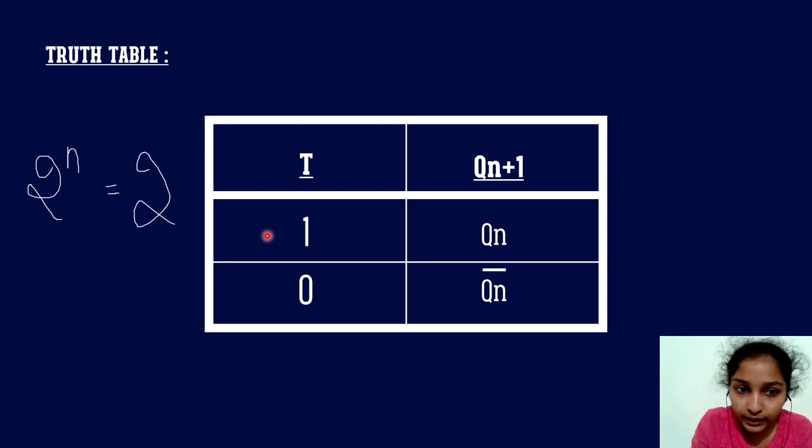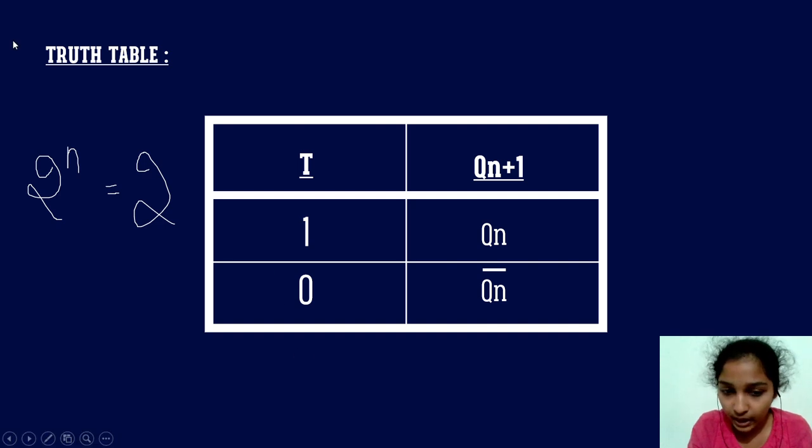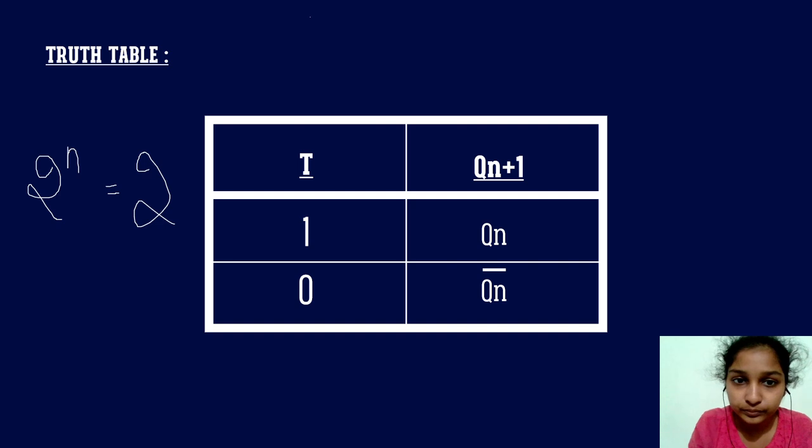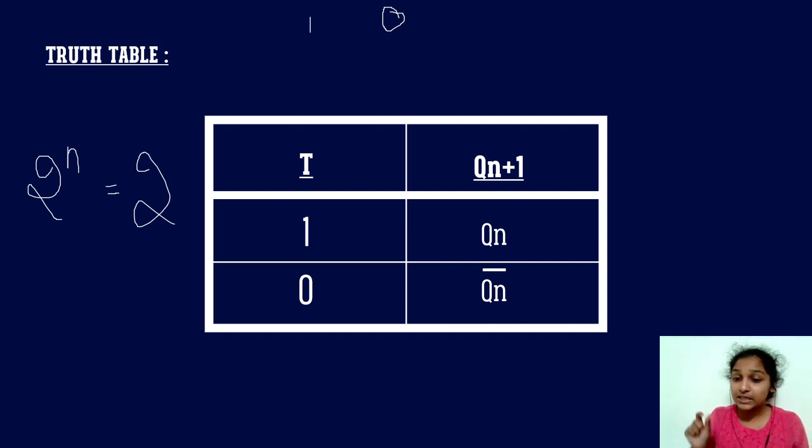So when you take 1 as an input, let's see what's going to happen. If you take 1 as an input, we get an output. Assume we get an output 0. Here 0 is the current state. Here I have mentioned Qn, that is nothing but the current state.